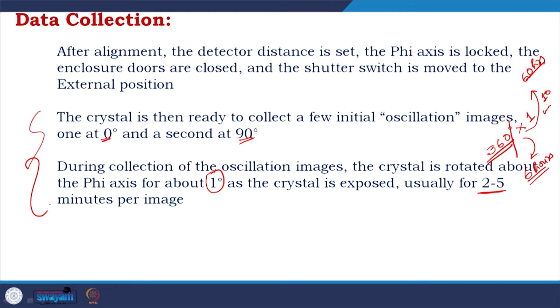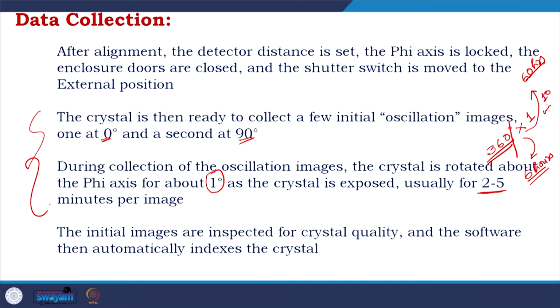You collect a few, I talked about 0 degrees and 90 degrees, but you collect a few, and then what you have to do is called indexing. The initial images are inspected for crystal quality and the software then automatically indexes the crystal. Definitely you could look at your diffraction by eye, but indexing is very important.